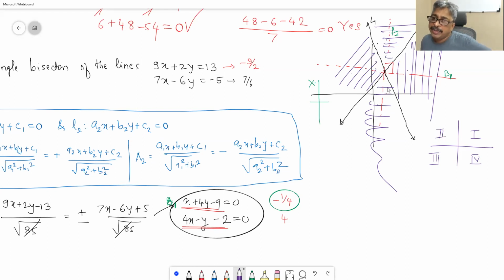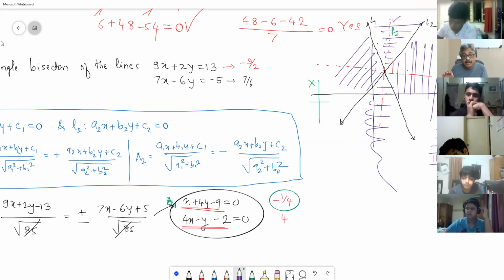Now, the question will be like this. Find the equation of the bisector which passes through the quadrant containing, say, 10, 0. Then you must report B1. If you report B2, your answer is going to be wrong. Do you understand what I am trying to say?